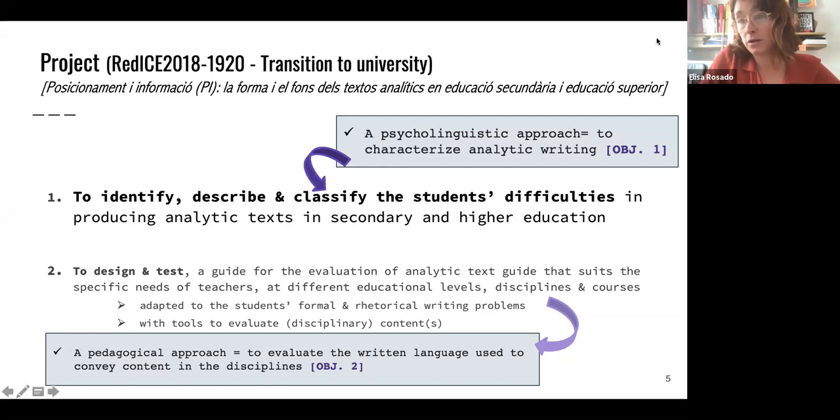The first one, which is the one we're discussing here today, is a psycholinguistic one. We try to characterize analytical writing from a very descriptive psycholinguistic point of view.